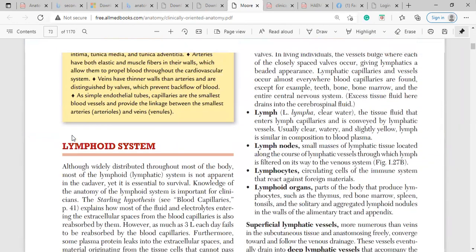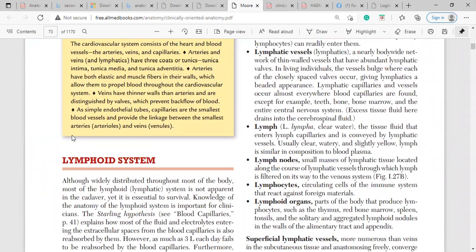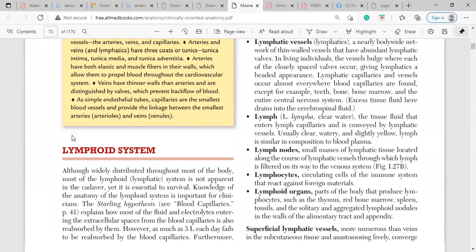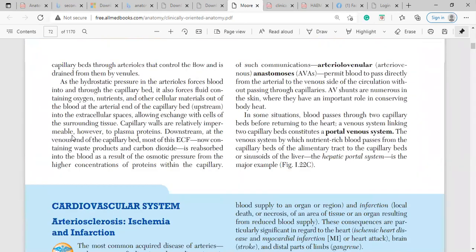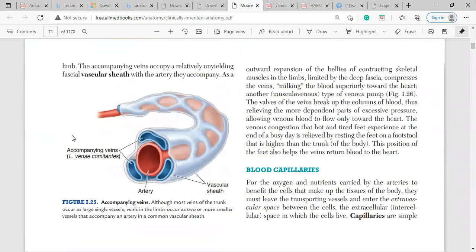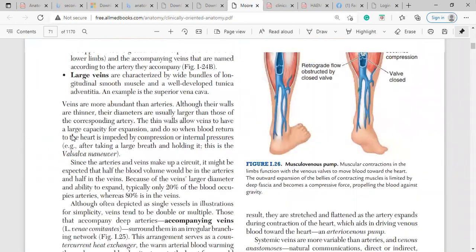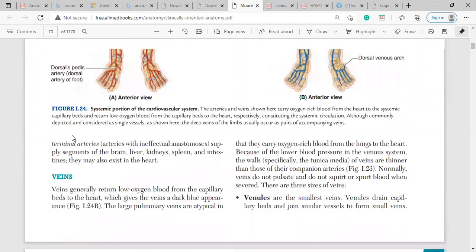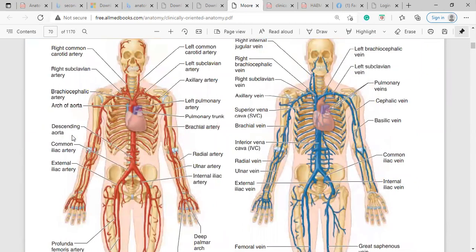And then when we're done with that, in the next class, we'll look at the lymphoid system. I think in your textbook, you will find some pictures, but they're in black and white, yes?